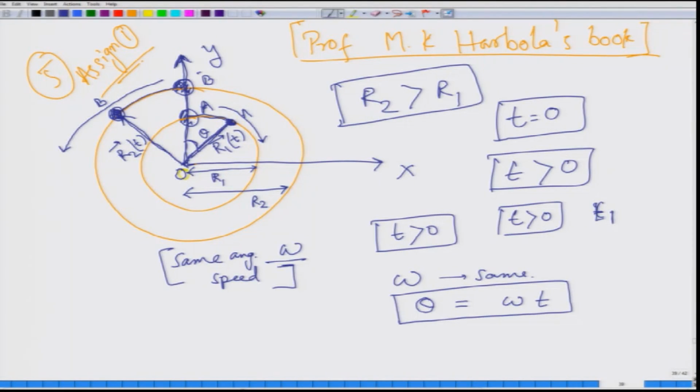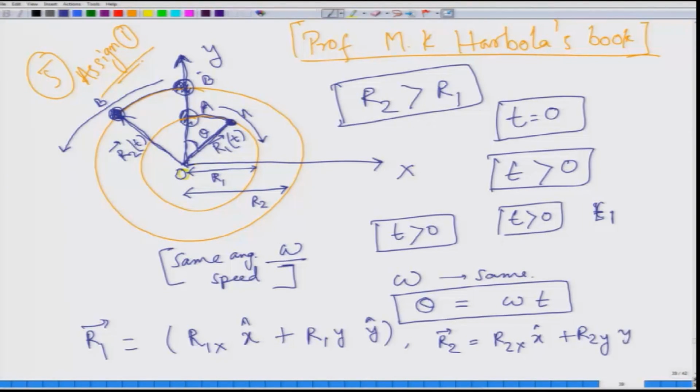So I write the radius vector R1 component wise as this. So this is R1 along x, unit vector x, plus the component of R1 along y, which is R1y, unit vector y. Similarly for R2, which is the radius vector of the particle B, R2 is equal to R2x x plus R2y y.